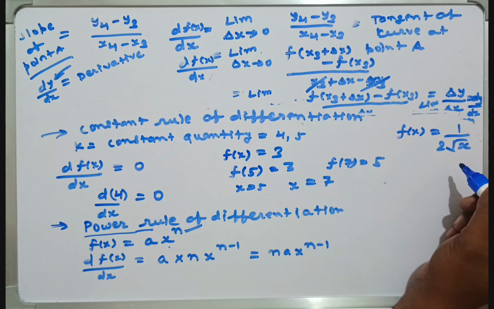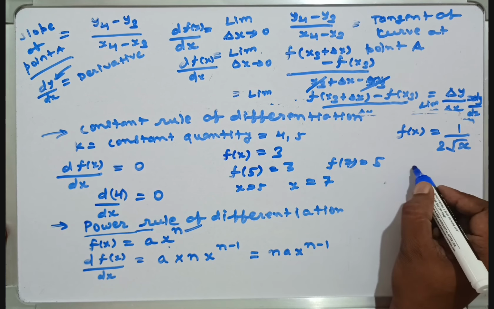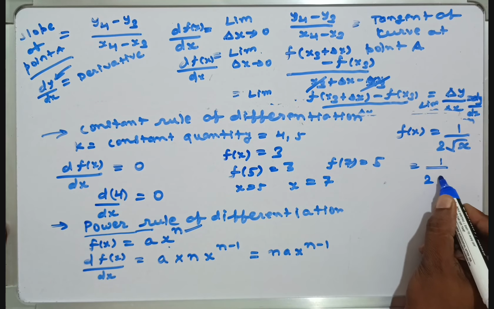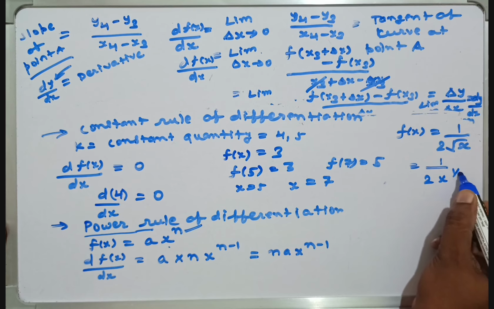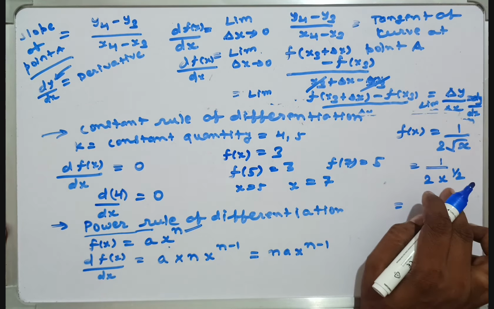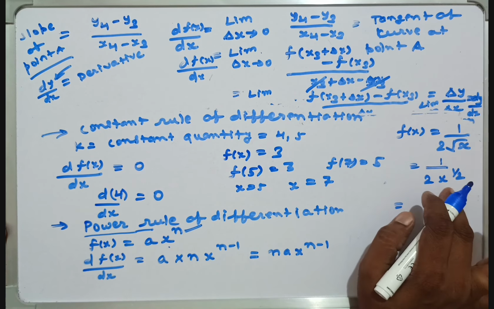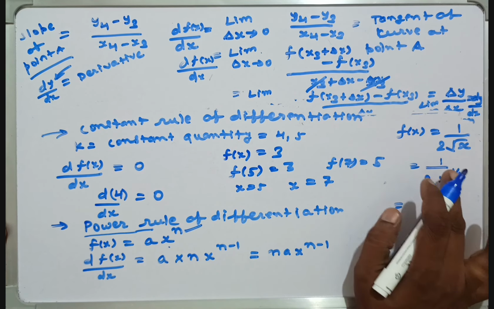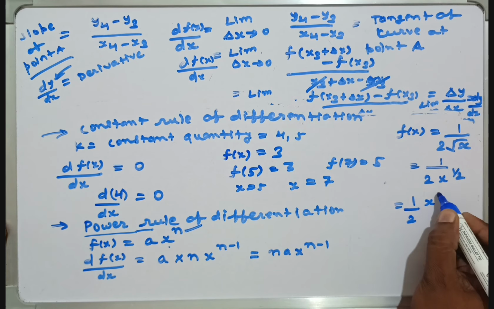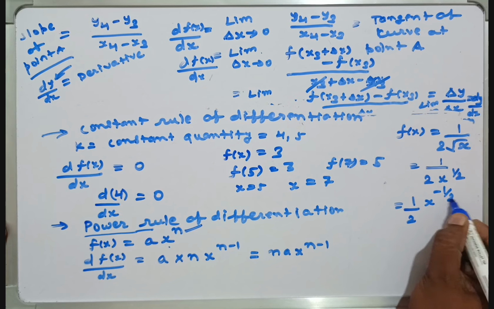In this case, how could you take the derivative? We can also write it as 2 x to the power of 1/2 in the denominator. If this x goes from the denominator to the numerator, then we can write it as 2 x to the power of minus 1/2.